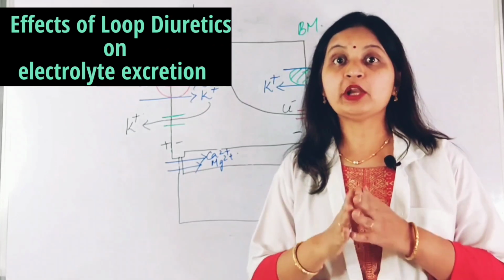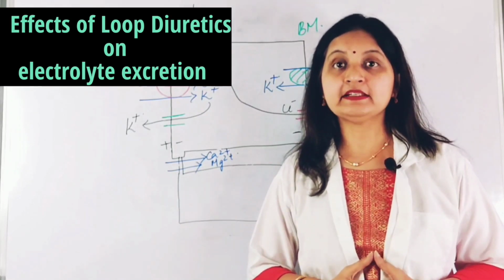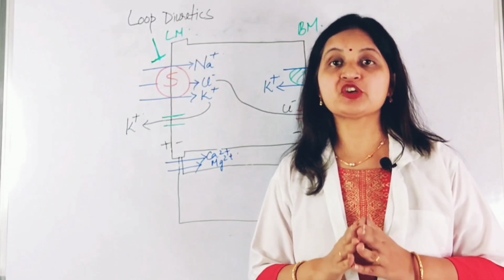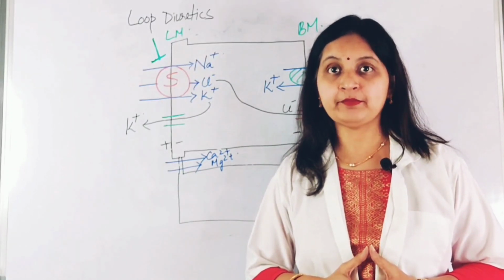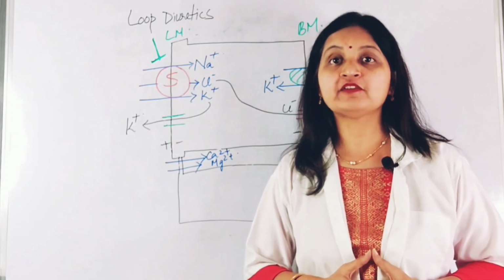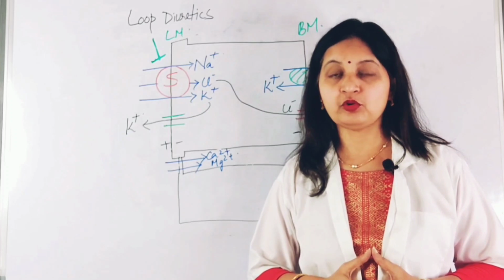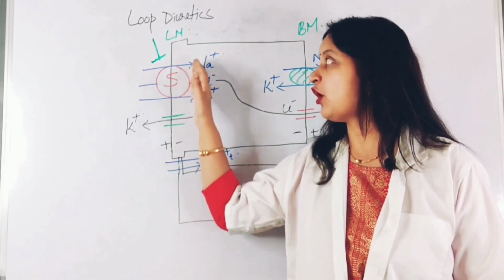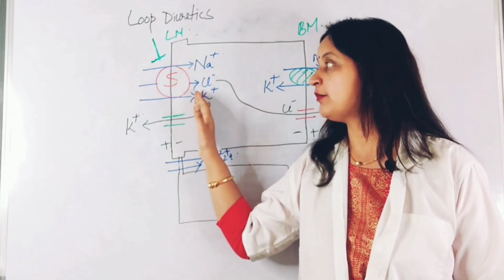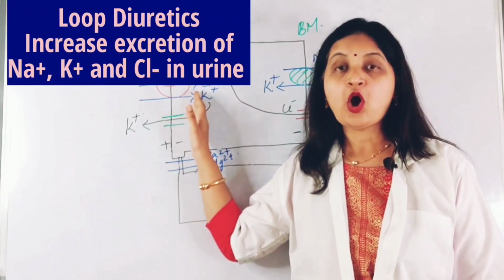So what happens when a loop diuretic is administered? The loop diuretic has the capacity to inhibit the sodium-potassium-chloride co-transporter which functions at the luminal membrane. Due to inhibition of the transporter, the inward movement of sodium, potassium and chloride is inhibited. So this decreases the reabsorption of sodium chloride and potassium, causing excretion of sodium chloride in urine.